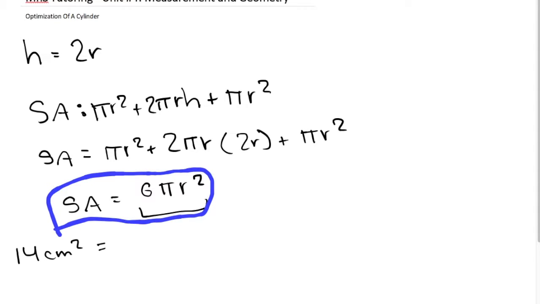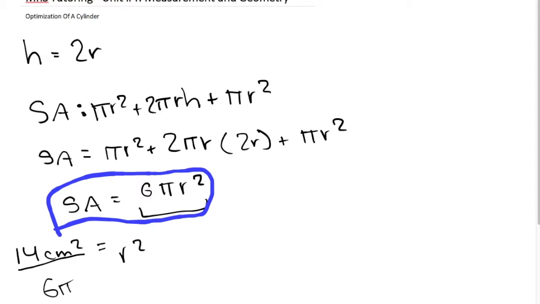So when we do that, we get 14 centimeters squared divided by 6 pi is equal to r squared. When we simplify that even further, we get 14 divided by 6 times pi, which is 0.7427, and when we square root that, we get approximately 0.86.